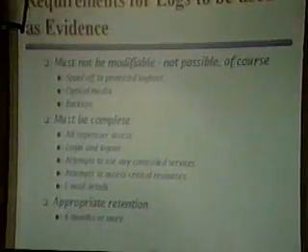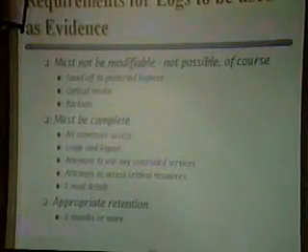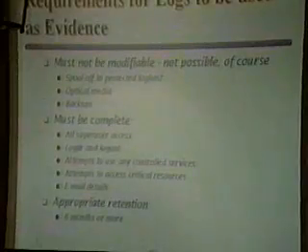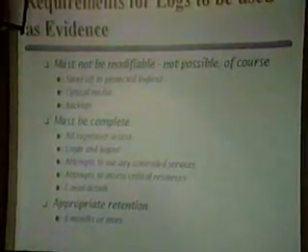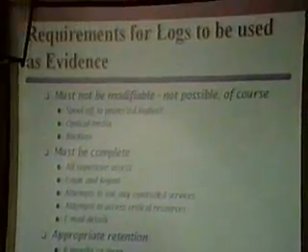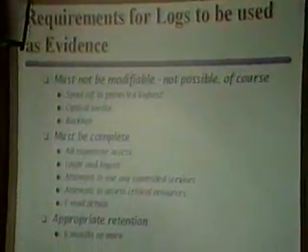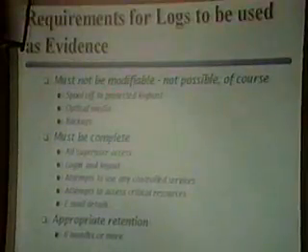And then there are those organizations who have been subject to some minor mischief where the logs just disappeared. Appropriate retention, assuming all of that, is usually 6 months or more because we can go months and not even know that there's been an attack.